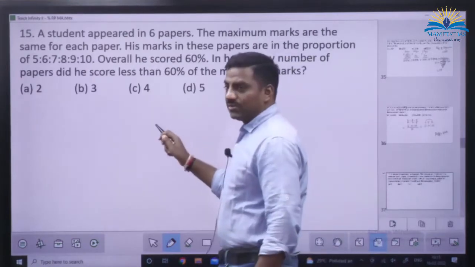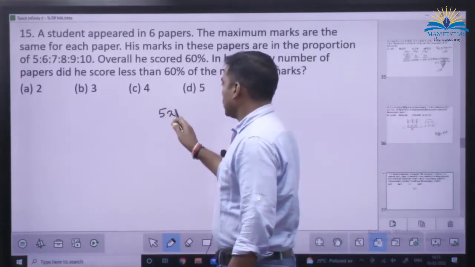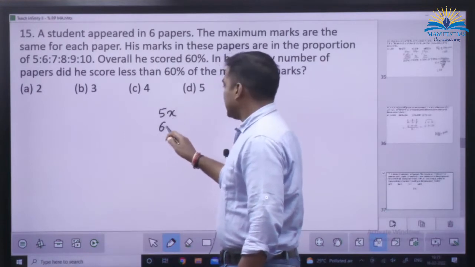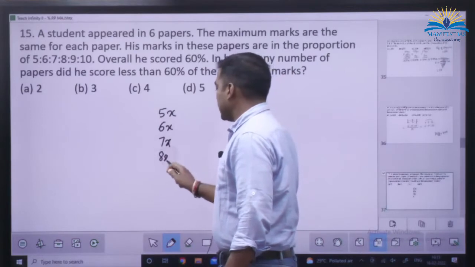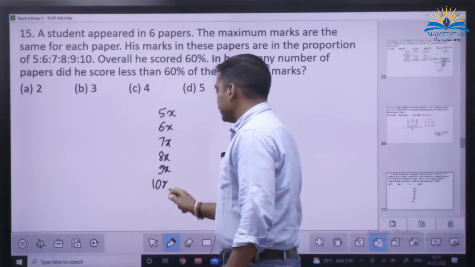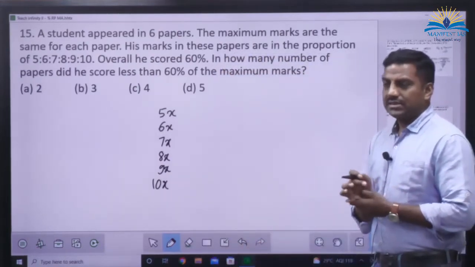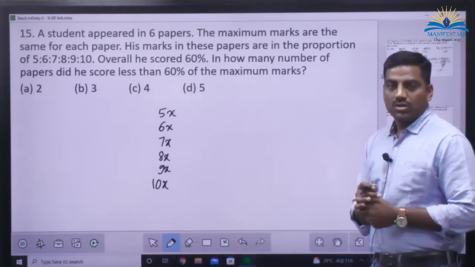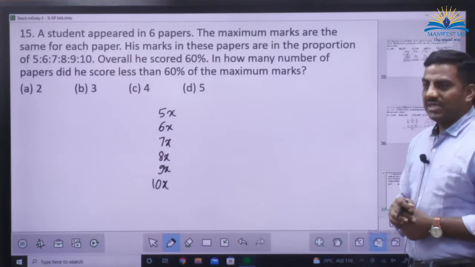So can I assume these marks as 5x, 6x, 7x, 8x, 9x and 10x? Yes. Overall, he scored 60%.